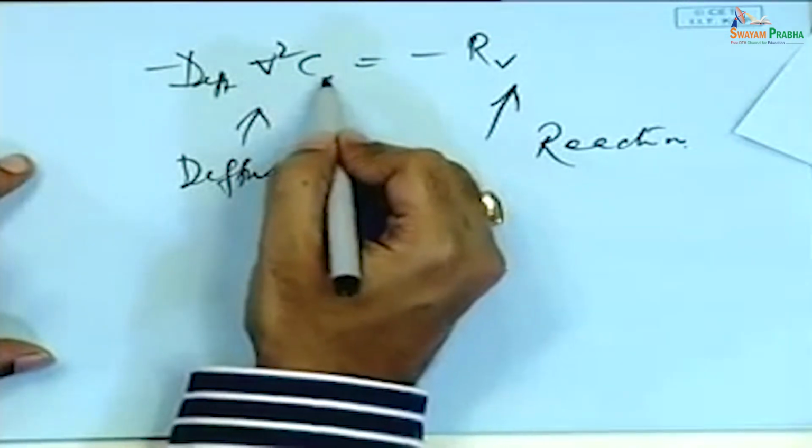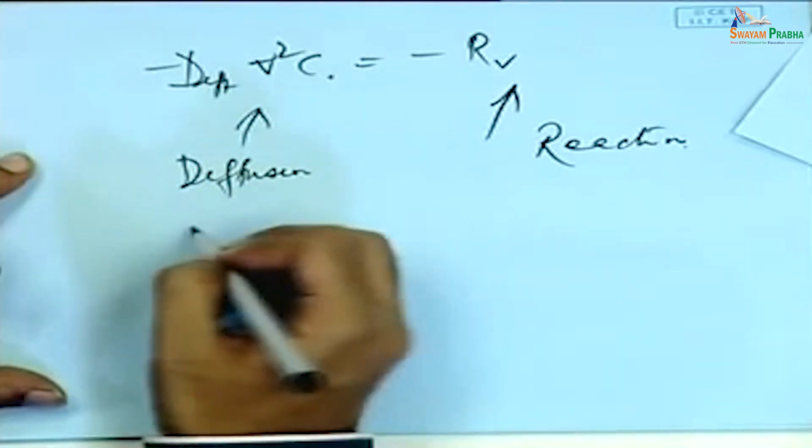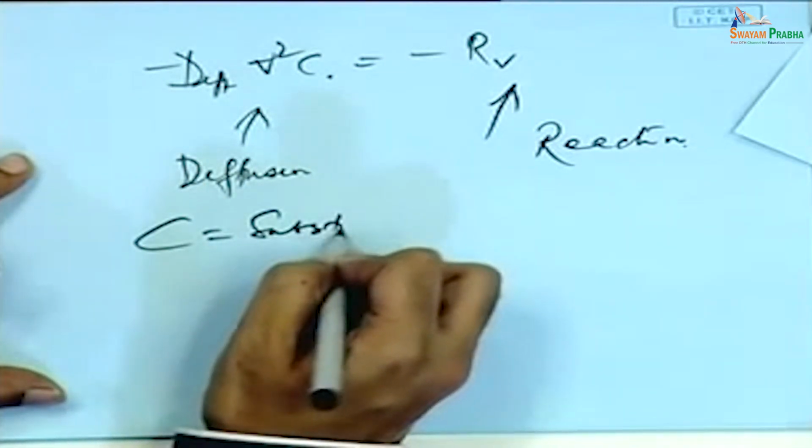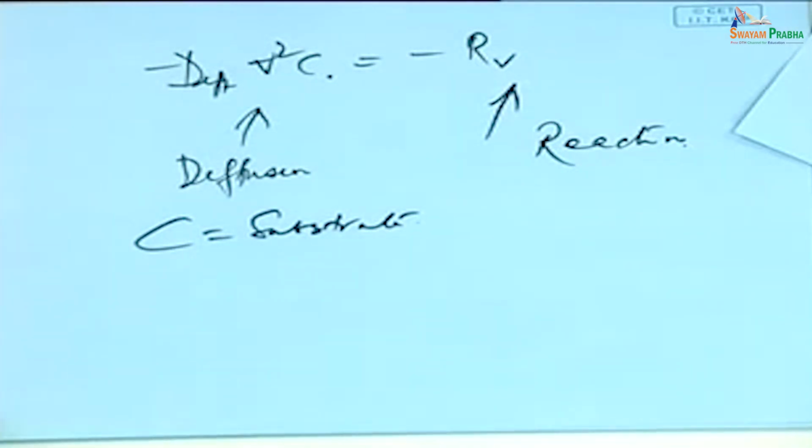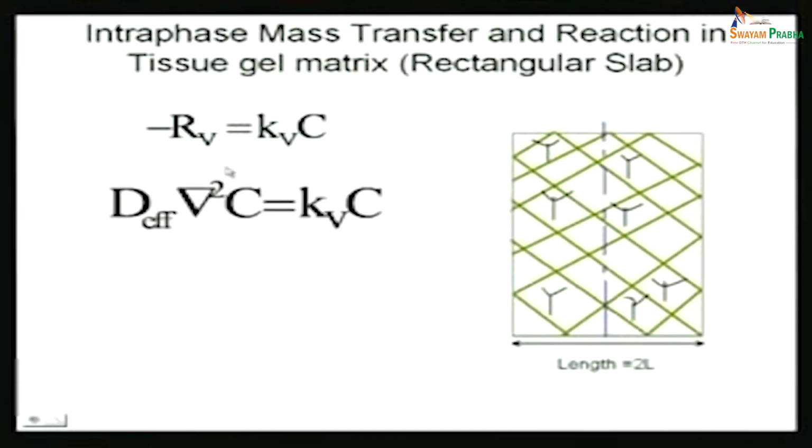C is the substrate concentration, so the reaction is a sink term because it's being consumed. So this is my basic equation. The reaction rate is given as Kv times C. So D effective times Laplacian of C equals Kv times C.